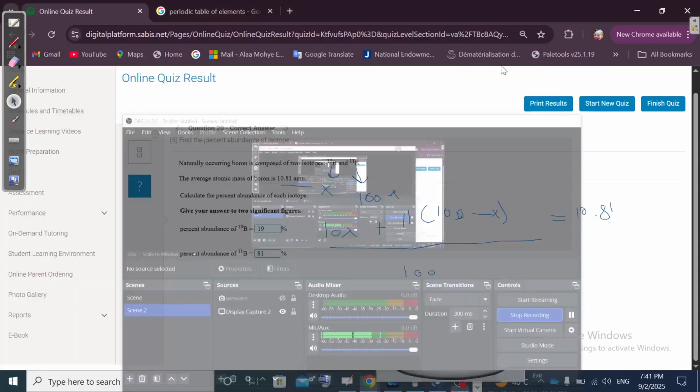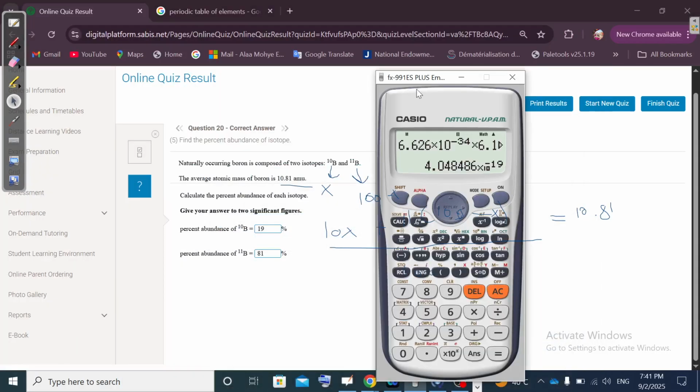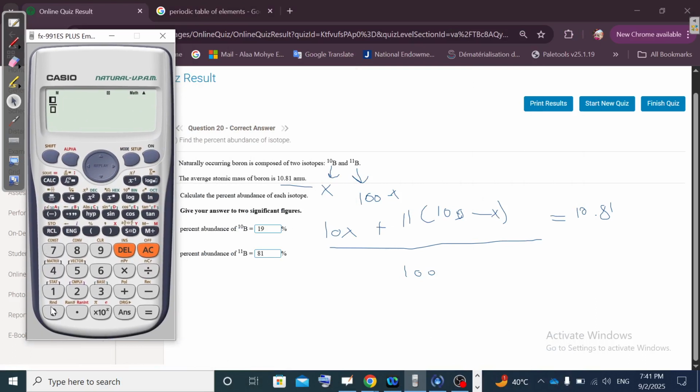Let's do it on a calculator. Let's just plug it in and let the calculator solve. So we have 10x plus 11 into 100 minus x, over 100, and you get 10.81.